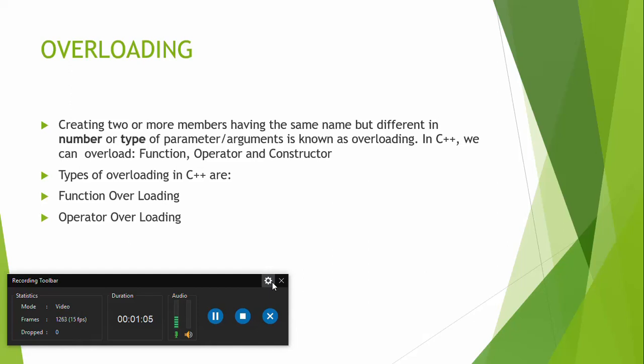Creating two or more members having the same name but different in number or type of arguments is known as overloading. So in C++ we have two types of overloading: function overloading and operator overloading.